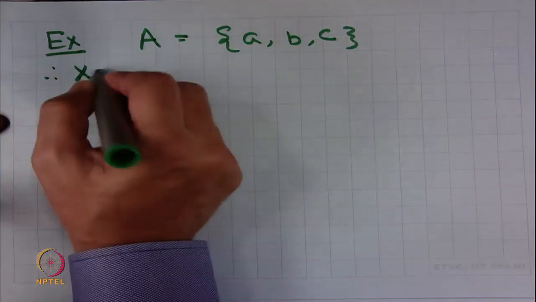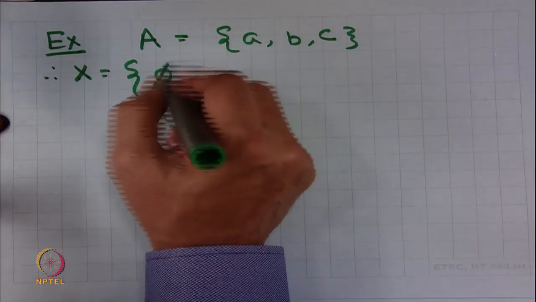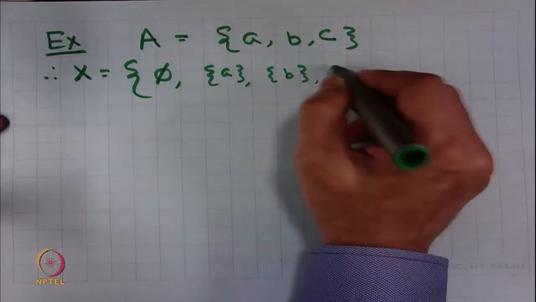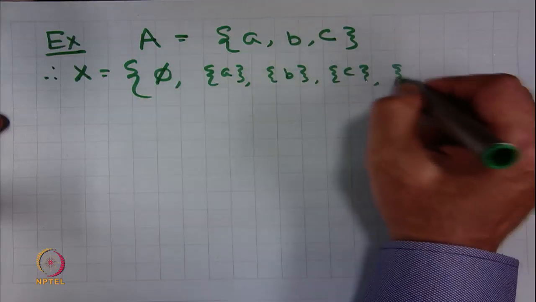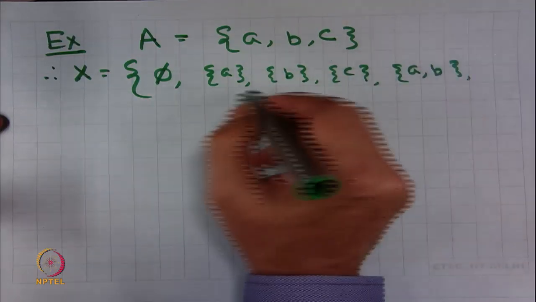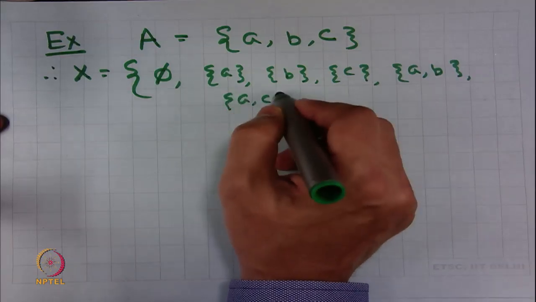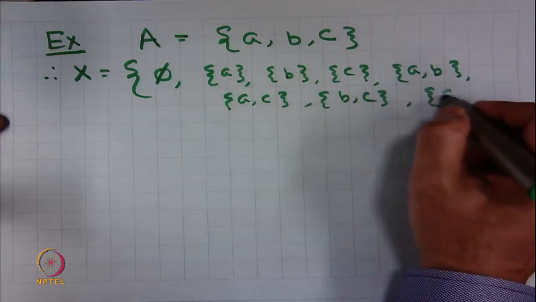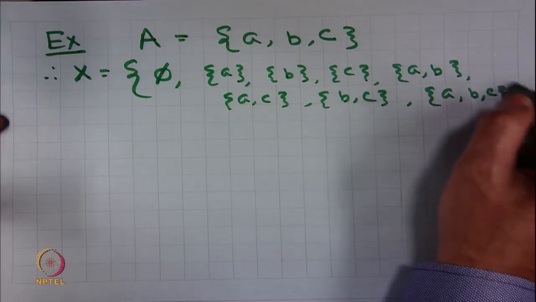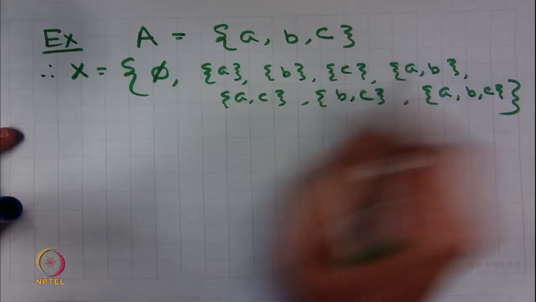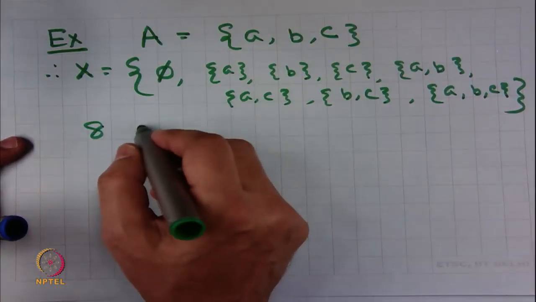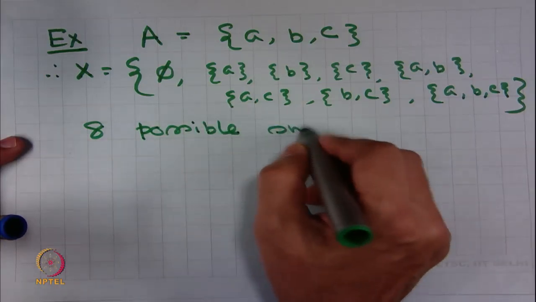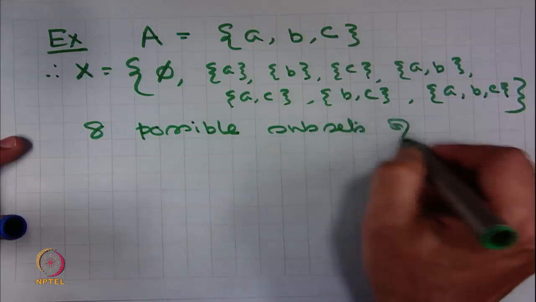Therefore, X is equal to the set phi, singleton a, singleton b, singleton c, {a, b}, {a, c}, {b, c} and {a, b, c}. So, these are the 8 possible subsets of A.